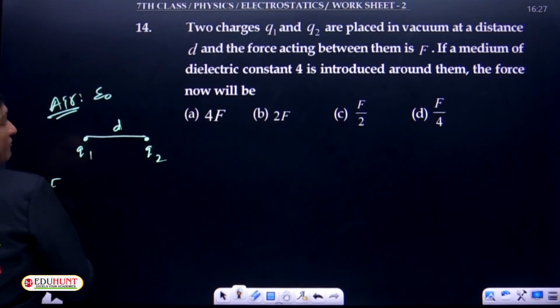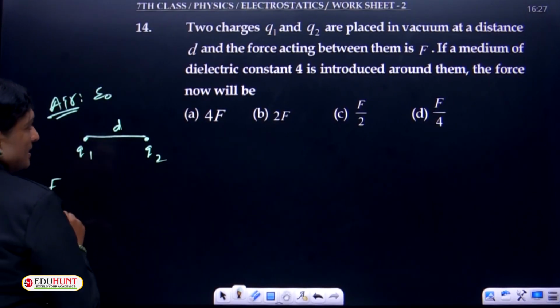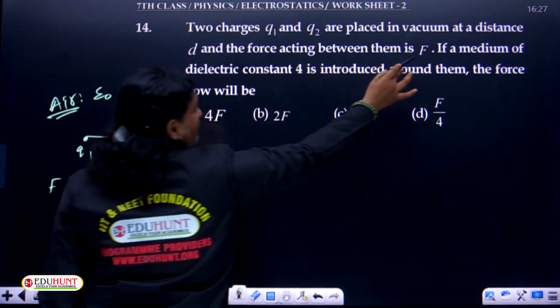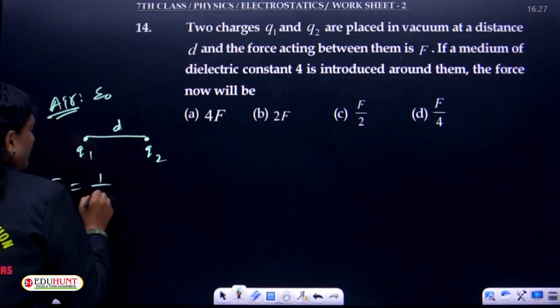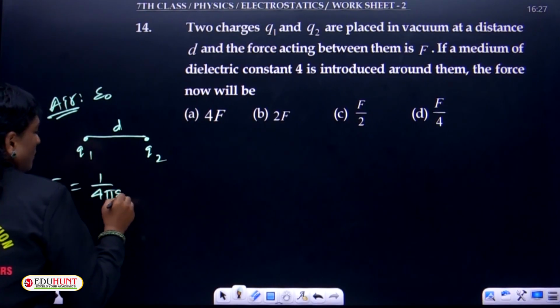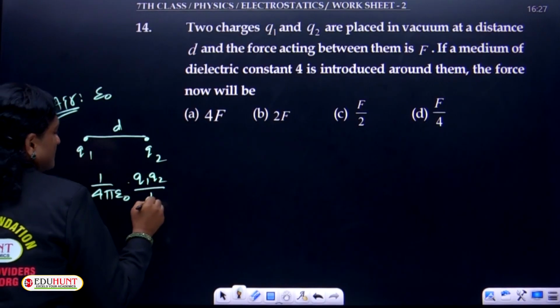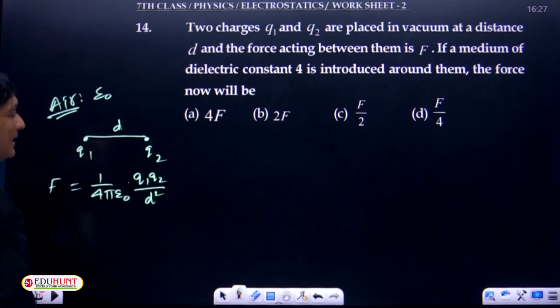So the value of F is given as F equals 1 by 4 pi epsilon naught Q1 Q2 by D square.